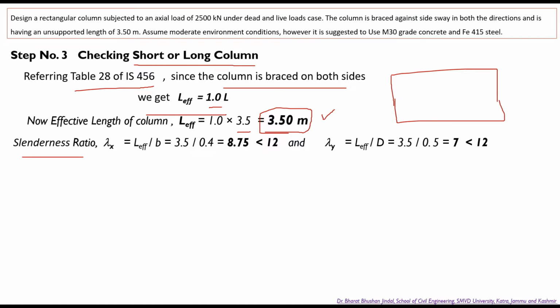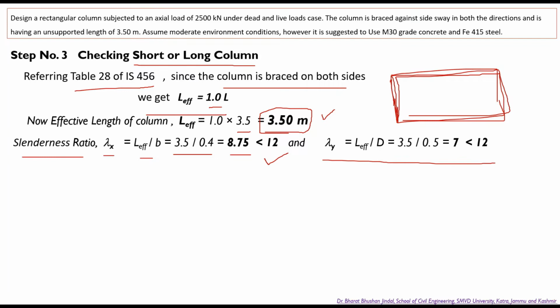The slenderness ratio along the shorter lateral dimension is L effective by b. It comes out to be 8.75, which is lesser than 12. So we can say this slenderness ratio is okay for the shorter dimension of the cross section of the column.